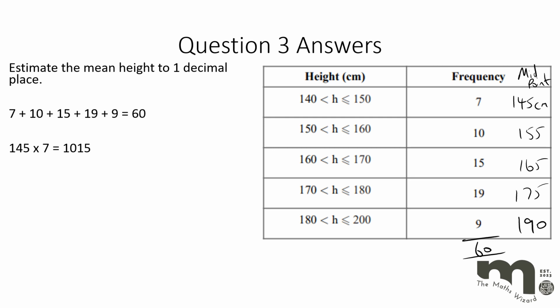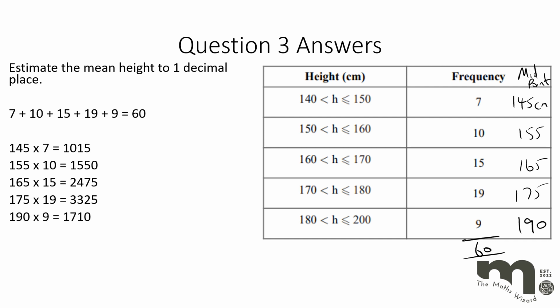But we don't need to necessarily draw that, so we can do 145 times 7 for the first row, 155 times 10 for the second row, 165 times 15 for that third row, 175 times 19 for that fourth row, and 190 times 9 for that fifth row.